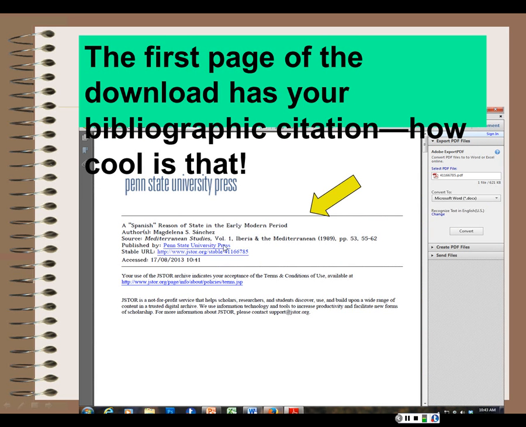It was volume 1, in 1989, etc. Now, these are not necessarily in Chicago Turabian style, but you have everything you need, so you could go to that citation machine and put in all this information, and then it'll make the citation for you in the proper order. Okay?